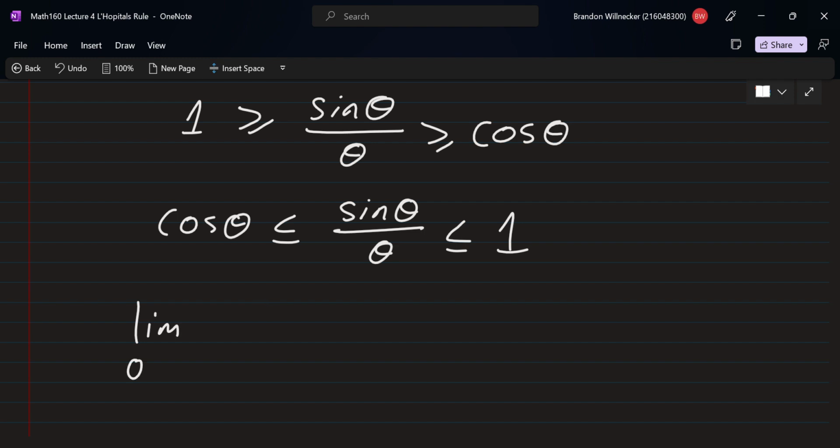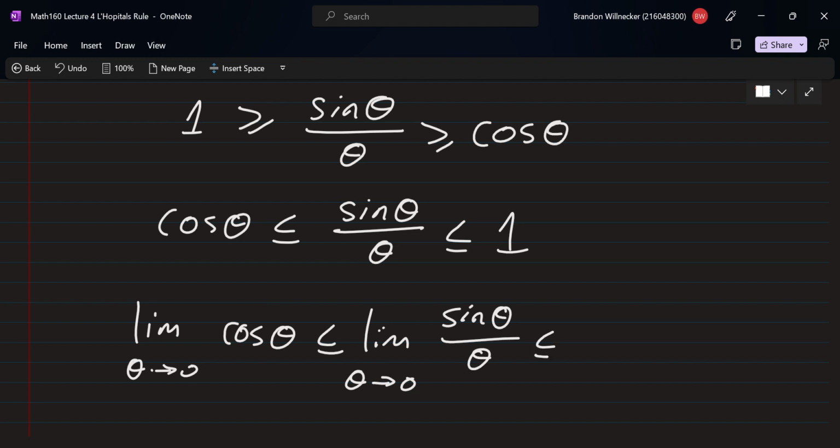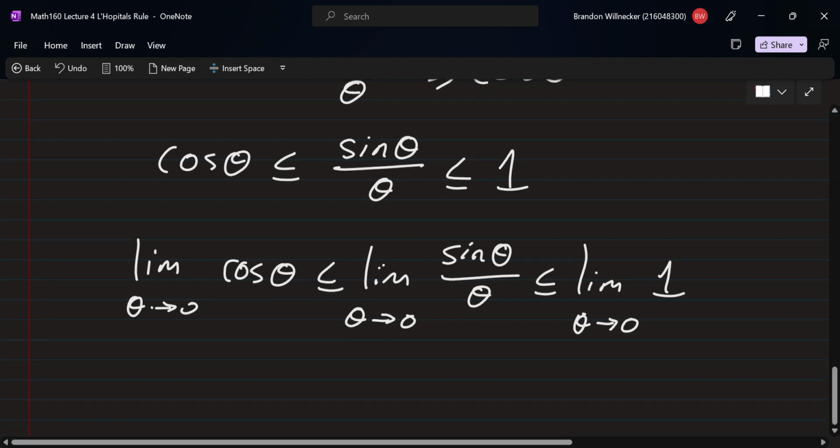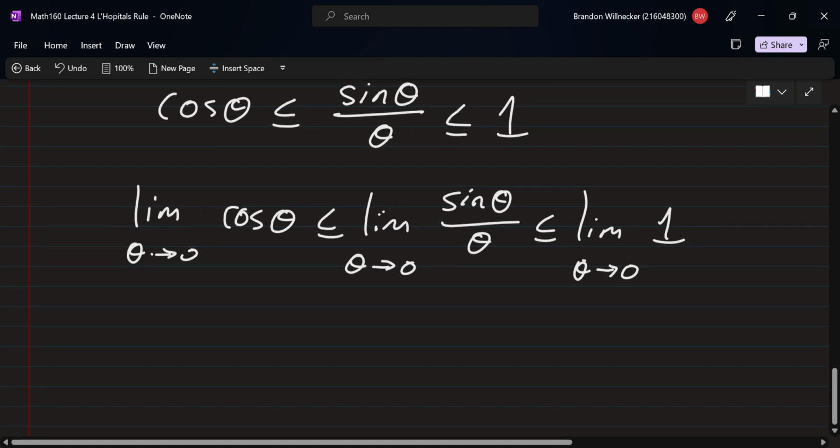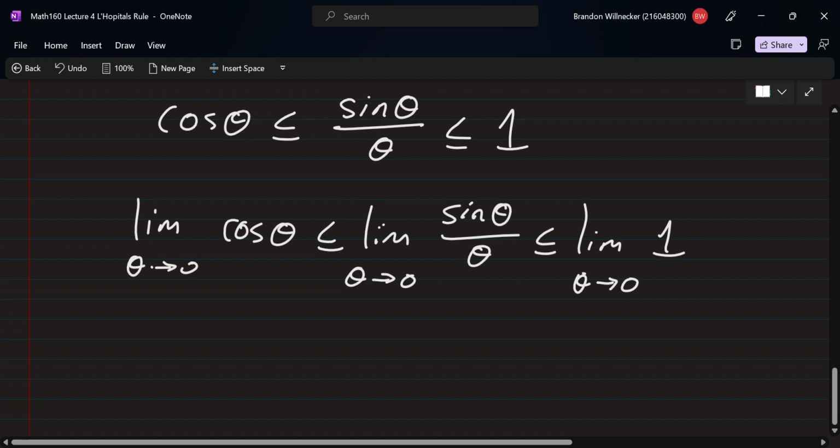So we have the limit as theta goes to 0 of cos theta, the limit as theta goes to 0 of sine theta over theta, and the limit as theta goes to 0 of just 1. Now this left-hand side limit, that's fine. We can take this right away. There's no asymptotes or anything to worry about. So the left-hand side is 1, the right-hand side is 1, so we know that the central limit is also 1.